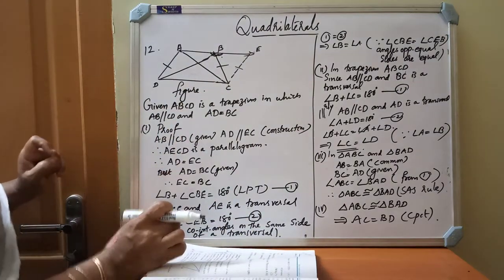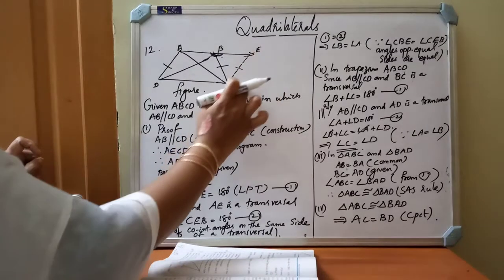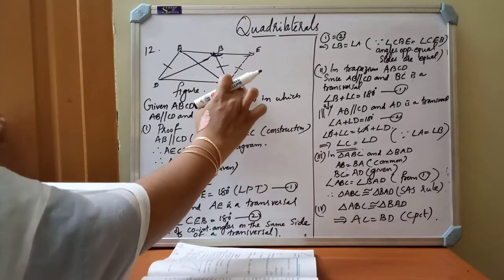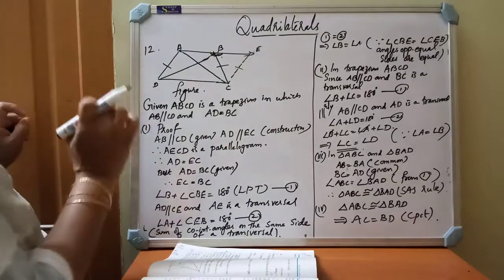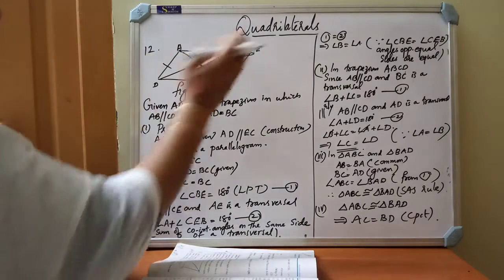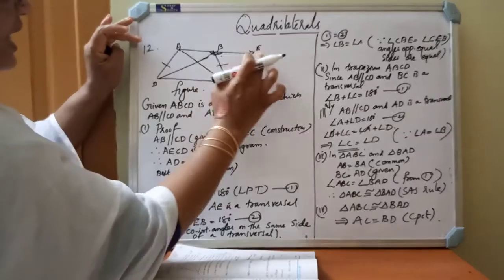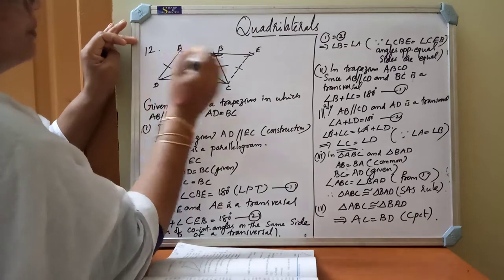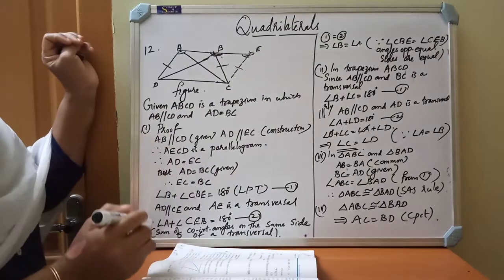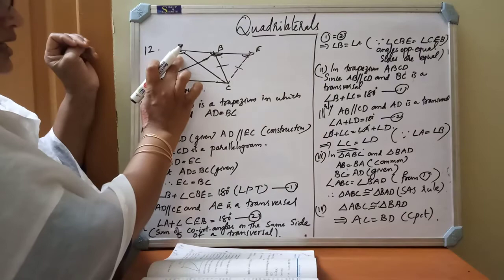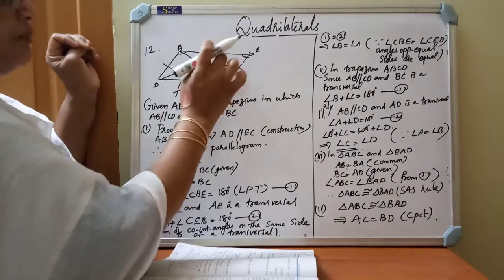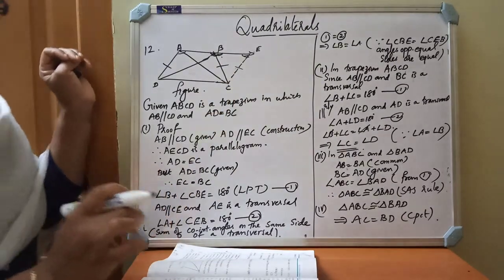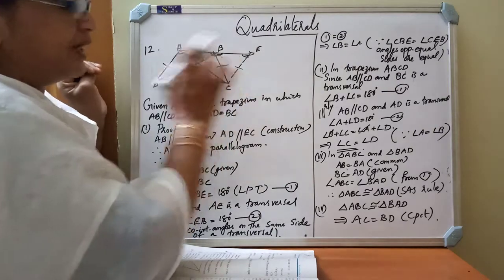Then next you see AD parallel to CE and AE is a transversal. So these two lines are parallel lines and this is a transversal. So what about the sum of these two angles? 180 degrees, because angle A and angle CEB are acting as the co-interior angles on the same side of a transversal.